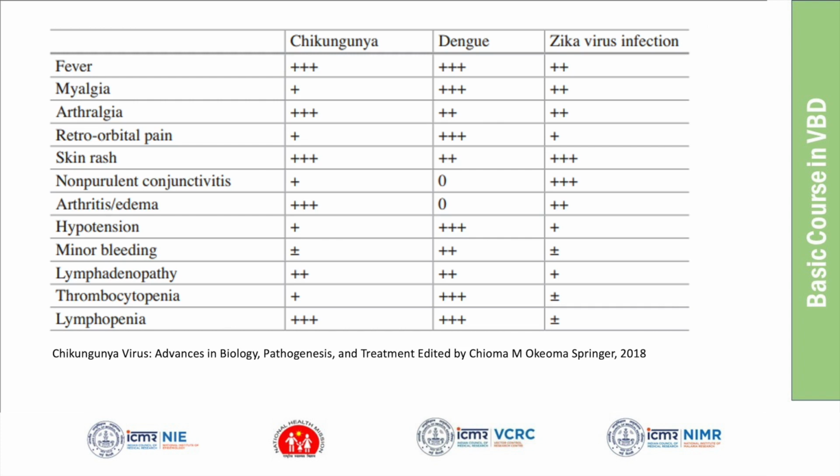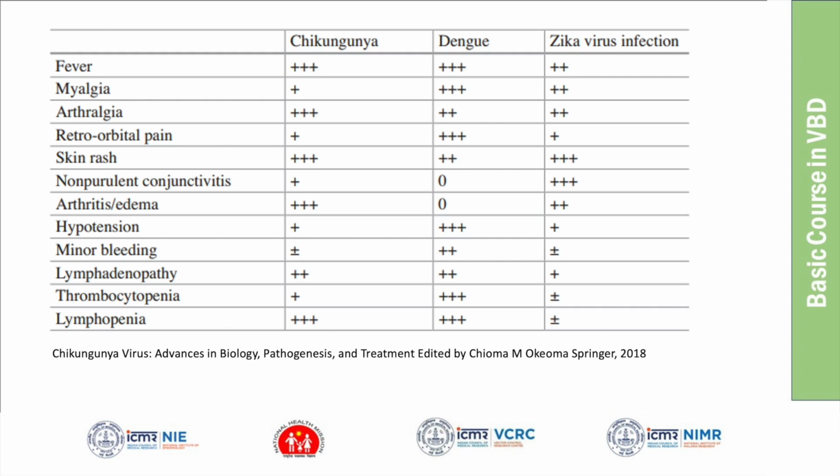These three are transmitted by the same mosquito, and the symptoms are more or less similar, but some symptoms are more common in some diseases and very less in others. With this chart, we can guess which outbreak it is based on symptoms, but we can definitely diagnose only by lab test.